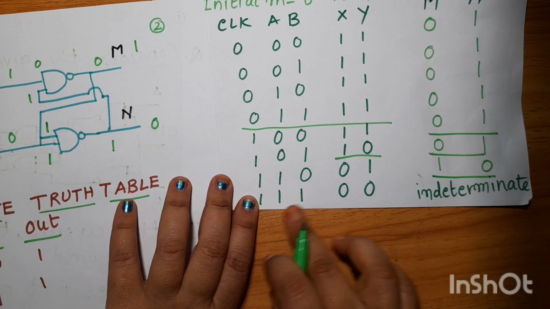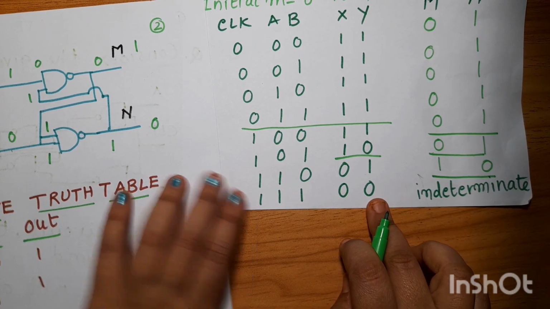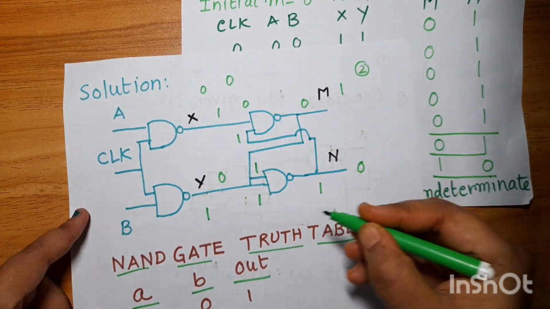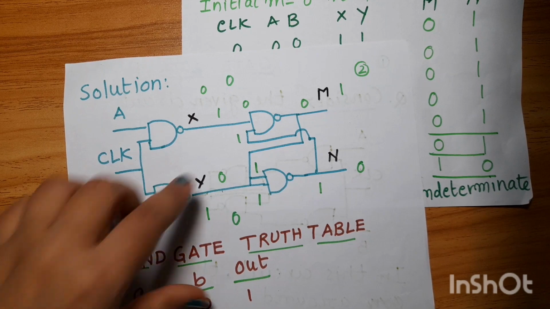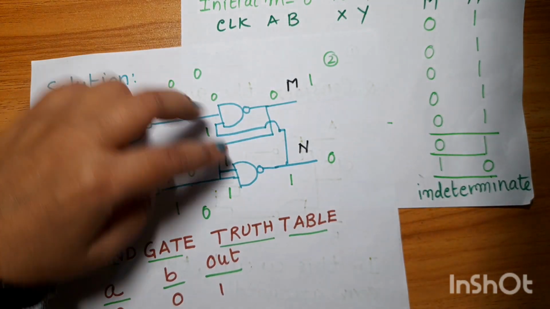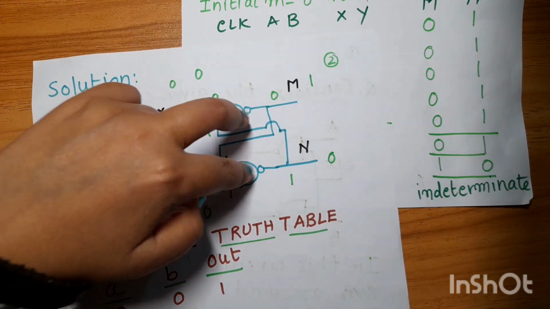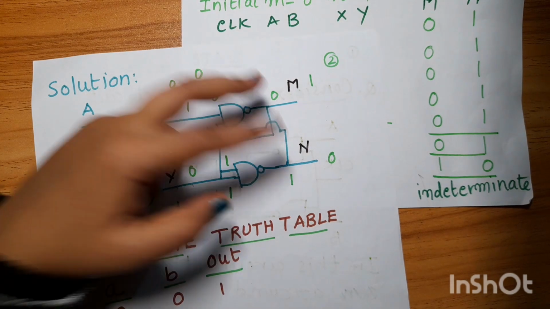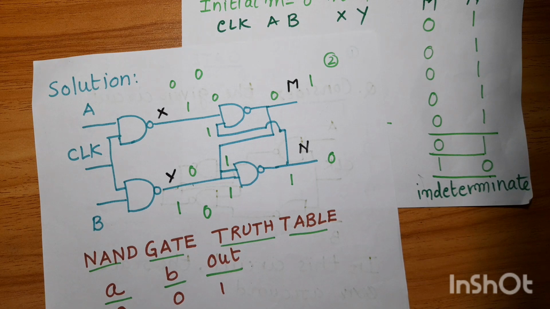Now the condition is when X and Y is 0, 0. Now both of them have one of the inputs 0. So both the NAND gates would give the output 1. And what would happen now? Both try to give the output 1. But that is not possible because M and N have to be complement of each other, as it is a clocked NAND gate SR flip-flop.